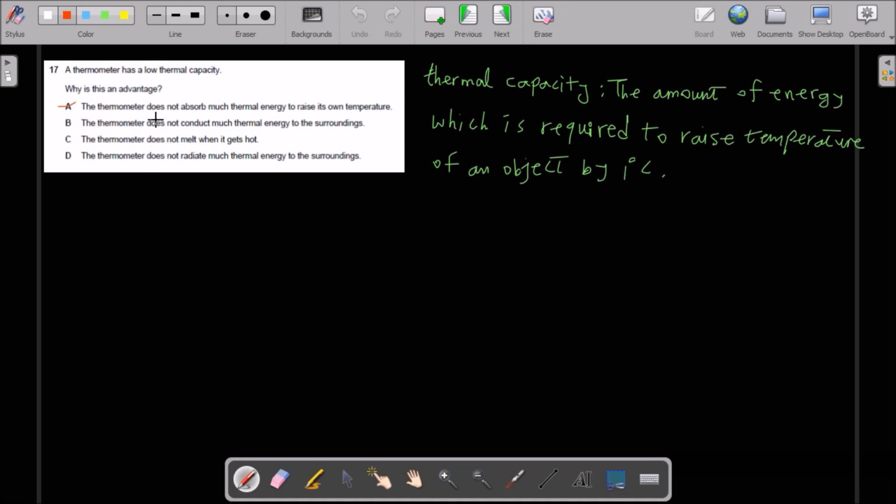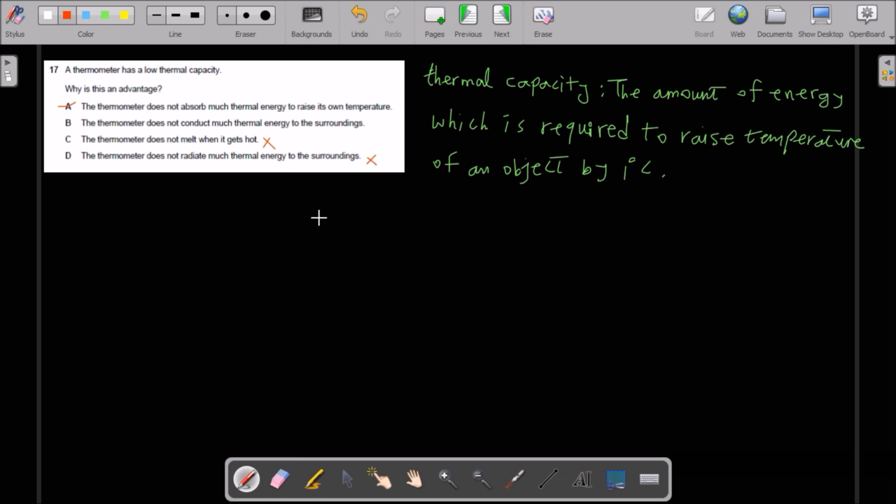Number one, the thermometer doesn't absorb much thermal energy to raise its own temperature. The thermometer doesn't conduct much thermal energy to the surroundings. The thermometer doesn't melt when it gets hot, so this is completely wrong. The thermometer doesn't radiate much thermal energy to the surroundings. This is also wrong.